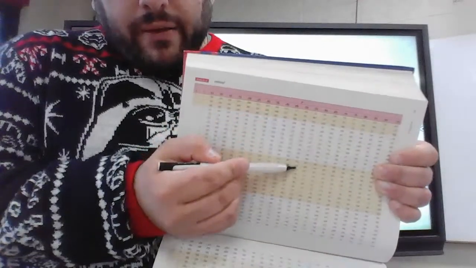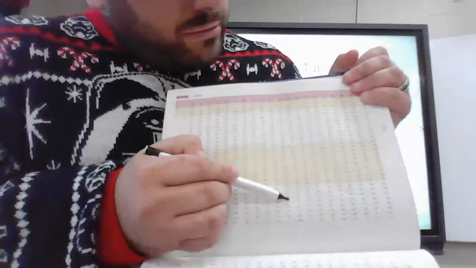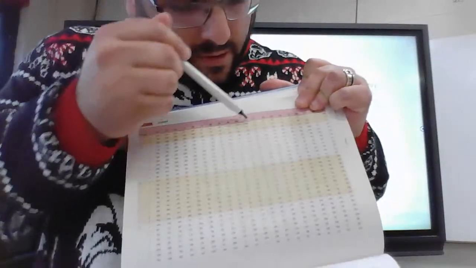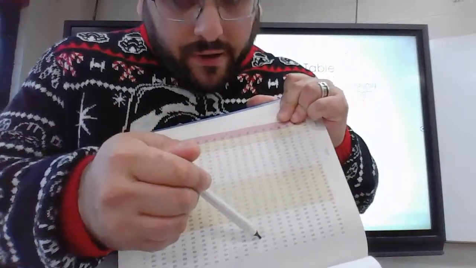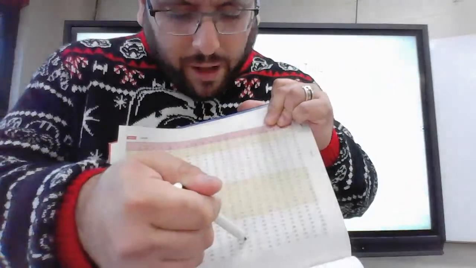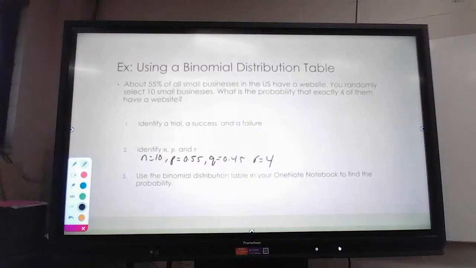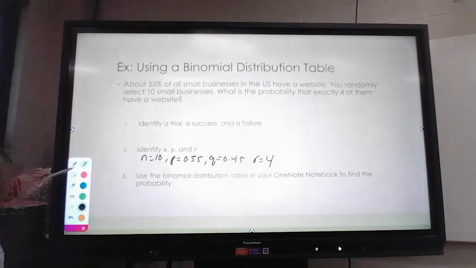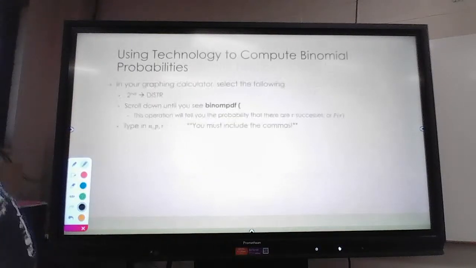I go all the way down, 0, 1, 2, 3, 4. That's a probability of 0.16. As long as you have the table, you could refrain from using the formula. So that's using the table. We've already worked using the formula, and we've already worked using the table.